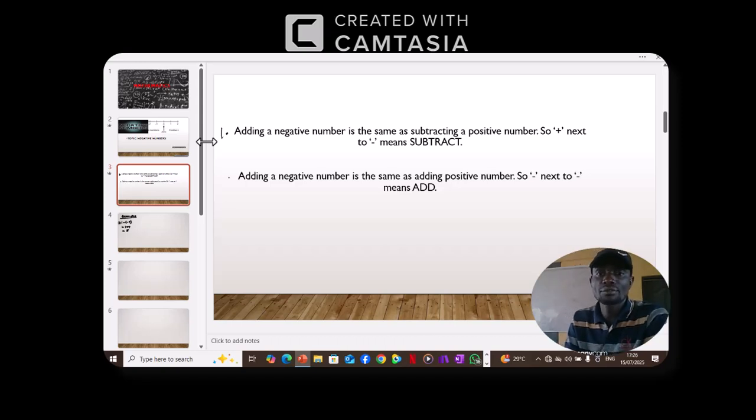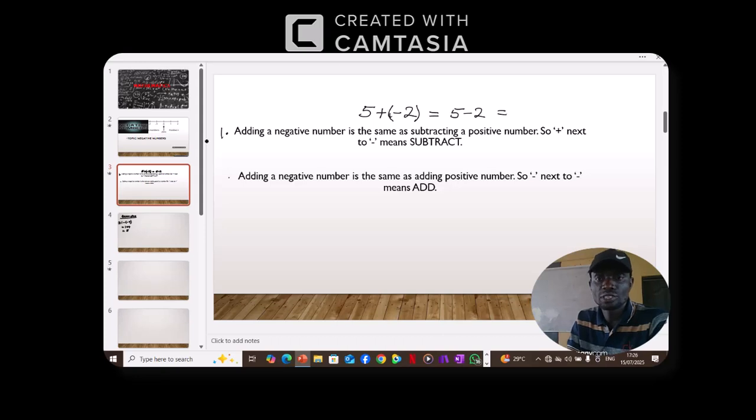When you have, for instance, 5 plus minus 2, let's put this one in bracket because we have two operations there. You see we have plus next to minus, so it means you have to subtract: 5 minus 2.